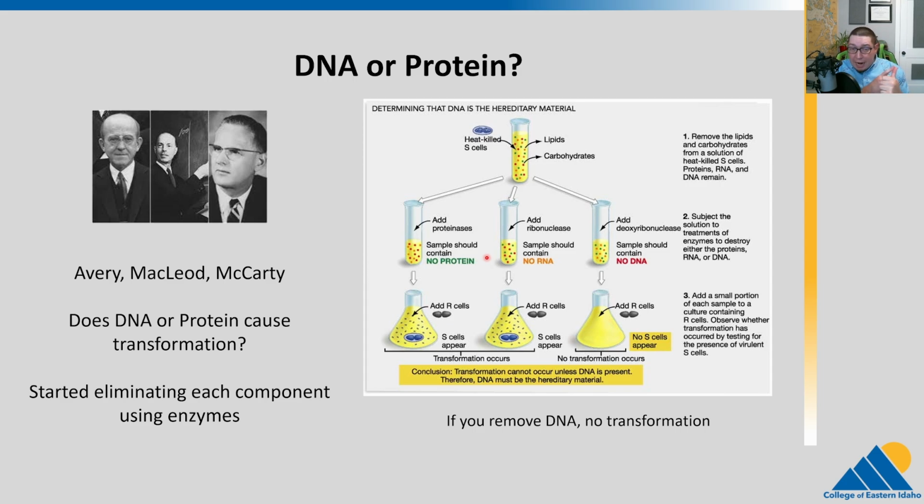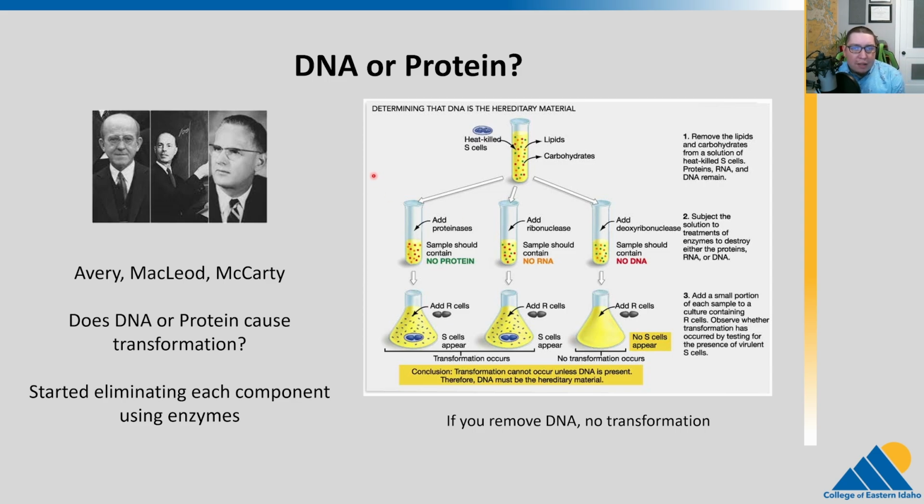We have DNA, we have protein, and we have RNA. Okay. The big question here was, is it DNA or protein? RNA is in there because it's a nucleic acid, but chromosomes are made up of DNA and protein, but RNA is in there, so we've got to eliminate that. So they predict that it is one of these three molecules, right? DNA, protein, or RNA is the genetic material.